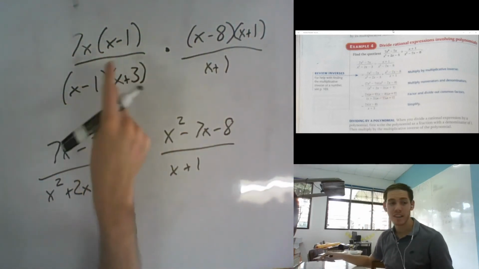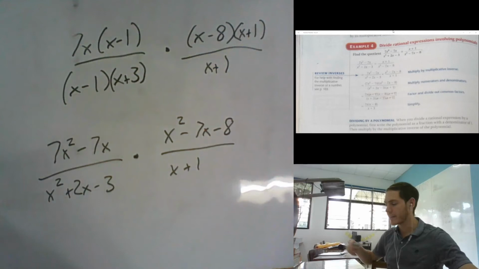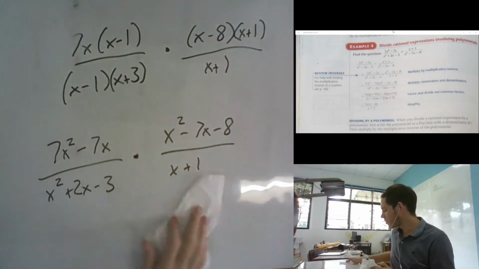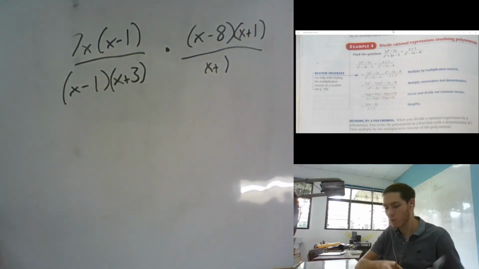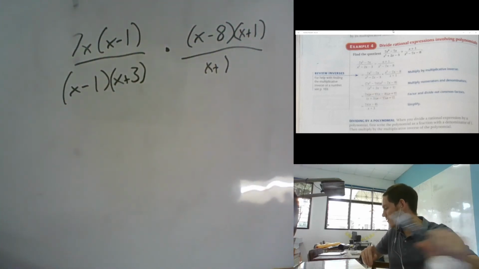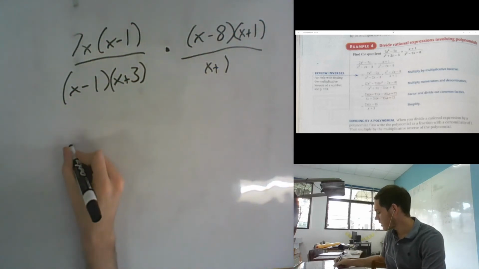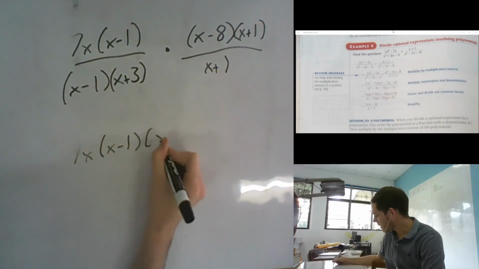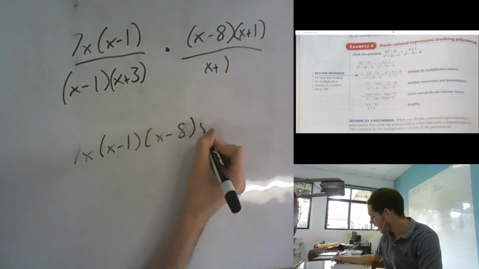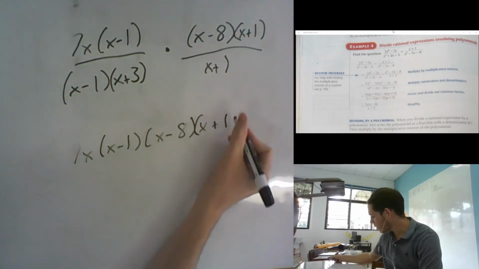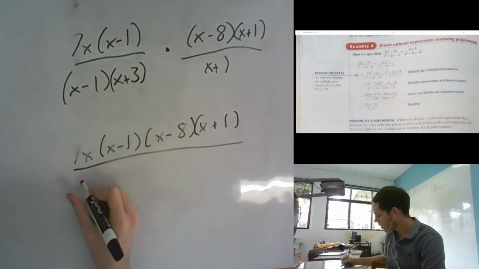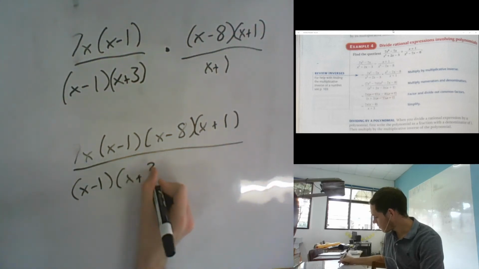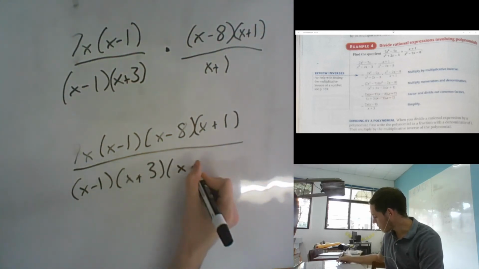Now, could you simplify this early, before you multiply? Yes, so you could cancel the things that work. But instead of doing that, we're going to just multiply across. So what we get is 7x, x minus 1, x minus 8, x plus 1 over x minus 1, x plus 3 times x plus 1.